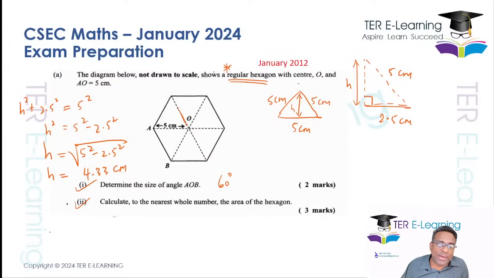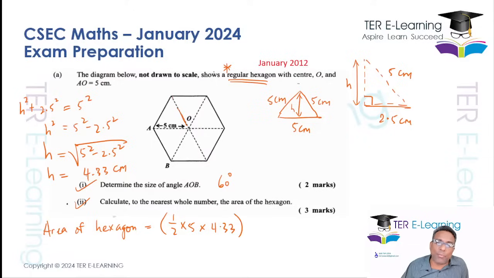So what I would do, I'd work out the area of one triangle, right? Or I could say the area of hexagon, right? So all we do, we take the area of one triangle, which is a half, by your base, which is 5, multiplied by the height. We just worked out the height, we got 4.33.